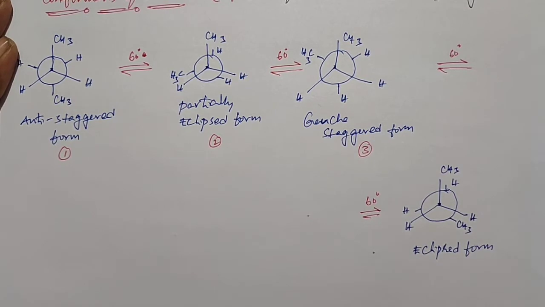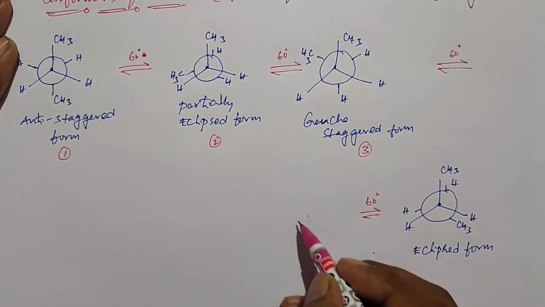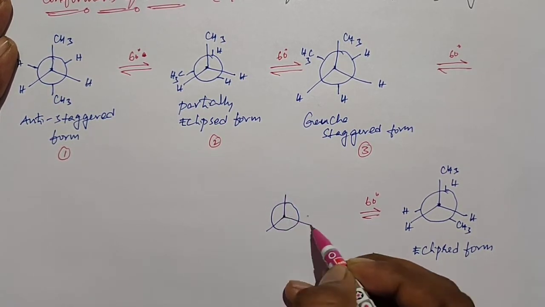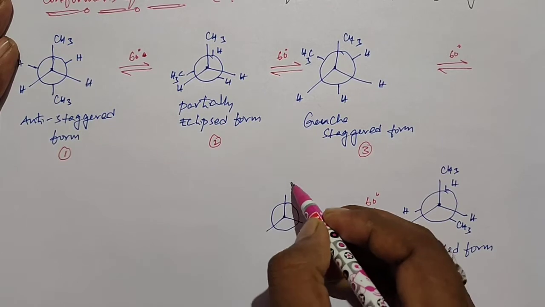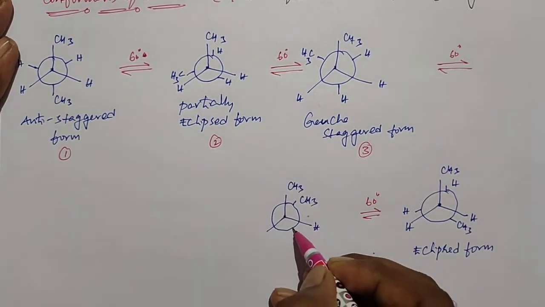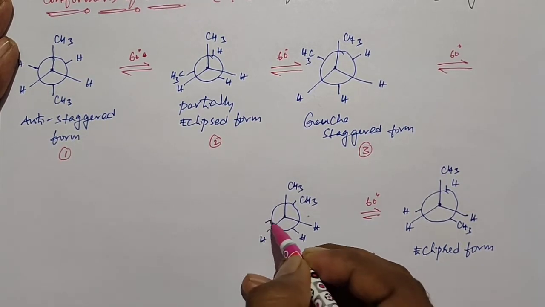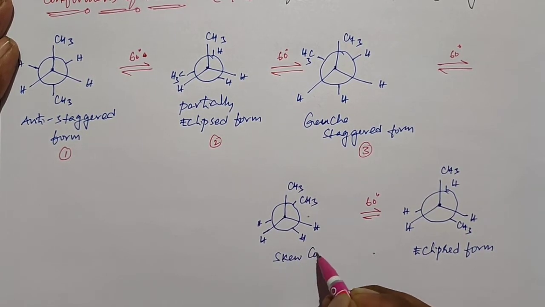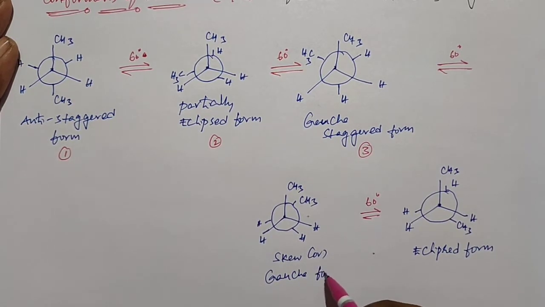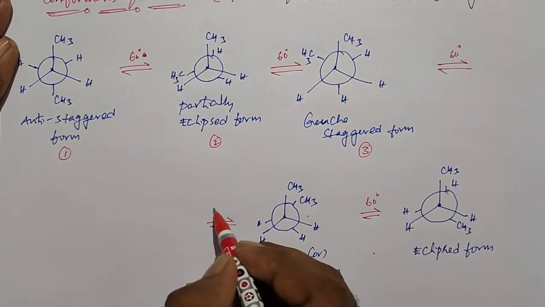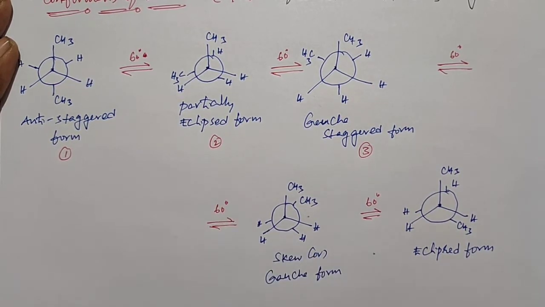Then I get the Gaussian or skew form. This is the skew or Gaussian form. Now if you rotate again by 60 degrees about the carbon-carbon free bond, we get the fully eclipsed form.